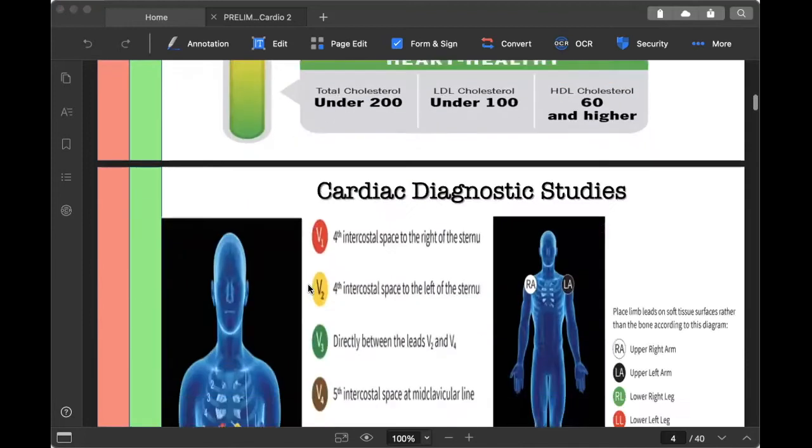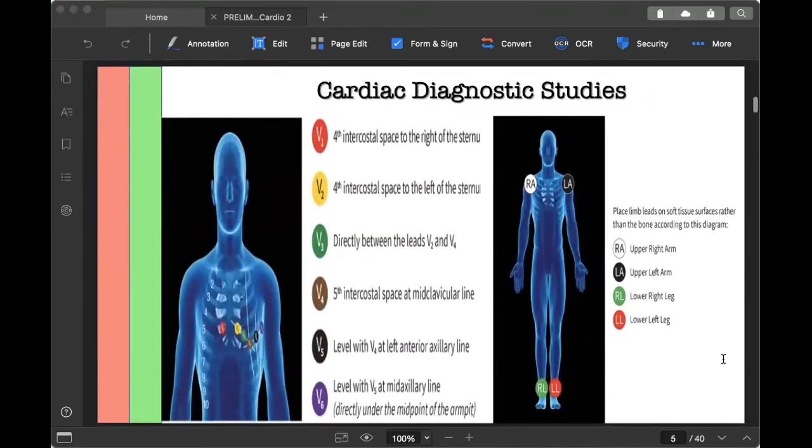Okay, now this one, we will just go over with this, because this is already discussed, or will be discussed, in your RLE for further learning. Your ECG, the cardiac diagnostic studies.